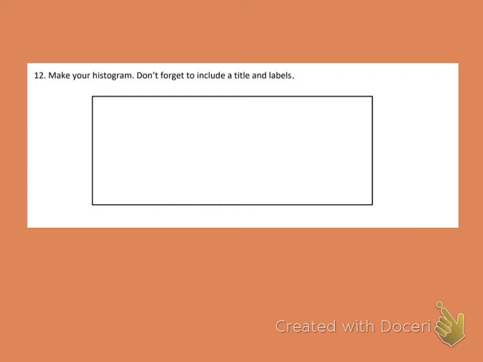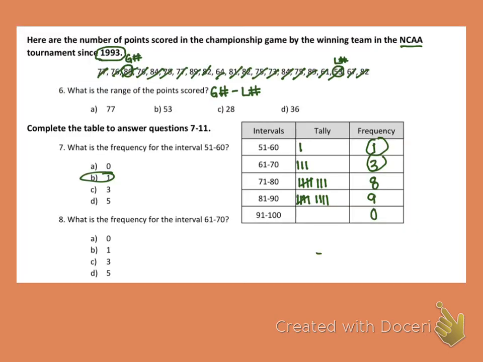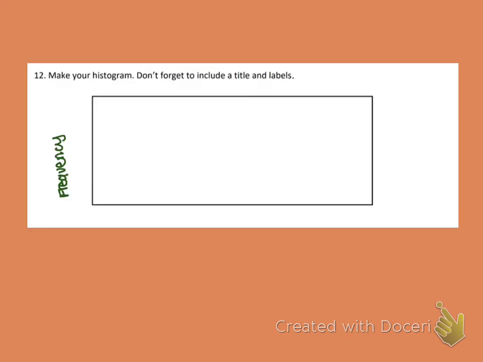Here it says to make your own histogram, and don't forget to include the title and labels. For our labels, remember this side over here is frequency, and notice I backed it up a little bit so that I can still write my numbers. Down here, we're talking about points scored in a championship game.